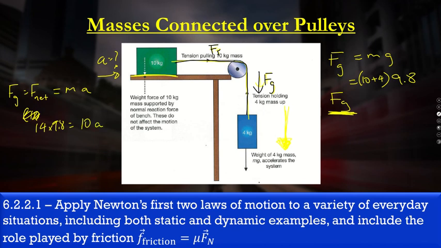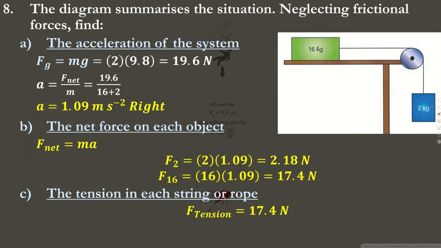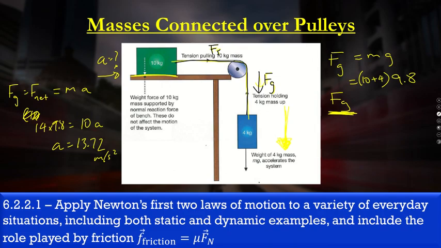If you use your calculator, or you can do it in your mind if you want, the block we have here will be accelerating at 13.72 meters per second squared. So that's kind of a summary of what would be happening there. Let's just make sure I got that down correct.